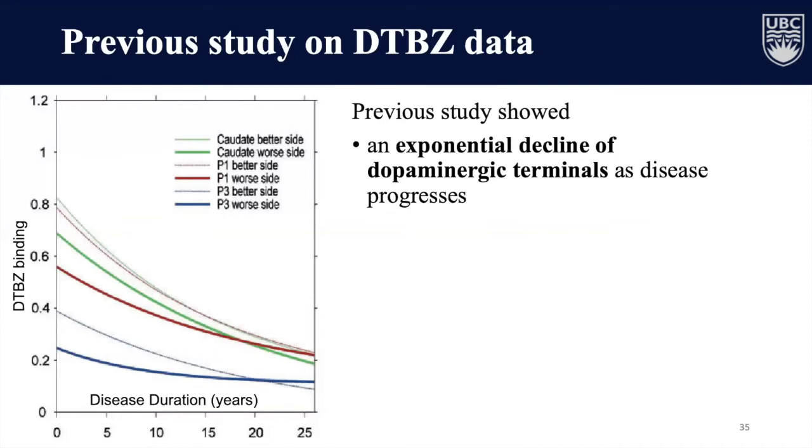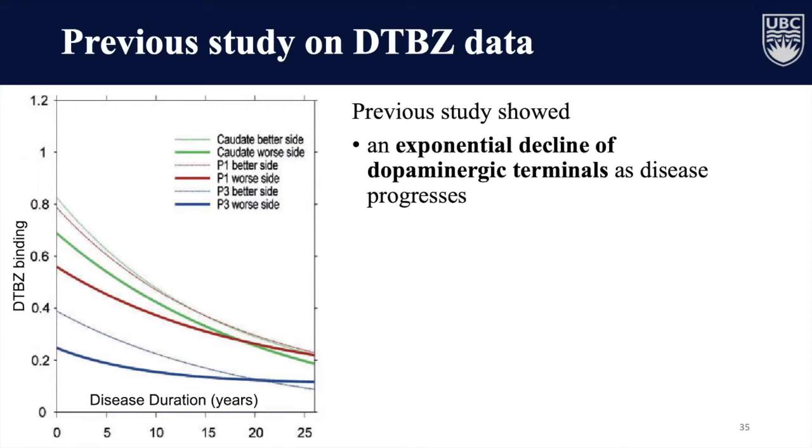A previous study on DTBZ data showed there's an exponential decline of dopaminergic system integrity as disease progresses. These curves were obtained by fitting exponential functions to the average tracer binding values in the caudate, P1 anterior putamen, and P3 posterior putamen.